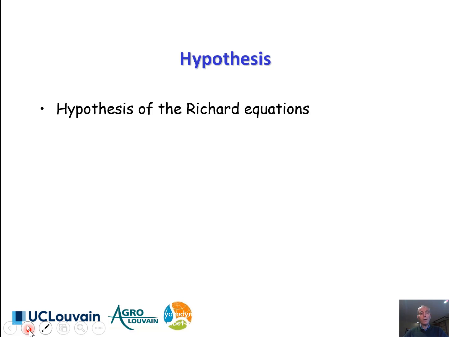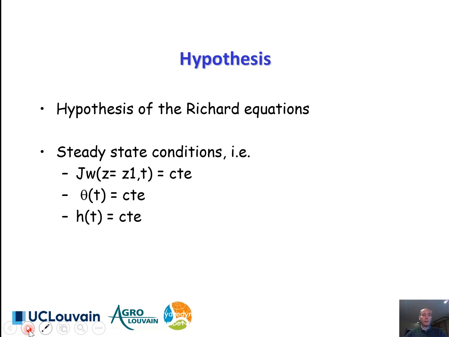First of all, we use in this case the h formulation of the flow equation, so we are using the Richards equation, and we consider that we are in steady state, so that means that the fluxes, which are a function of depth, do not change as a function of time. It means we have a constant steady state flux.